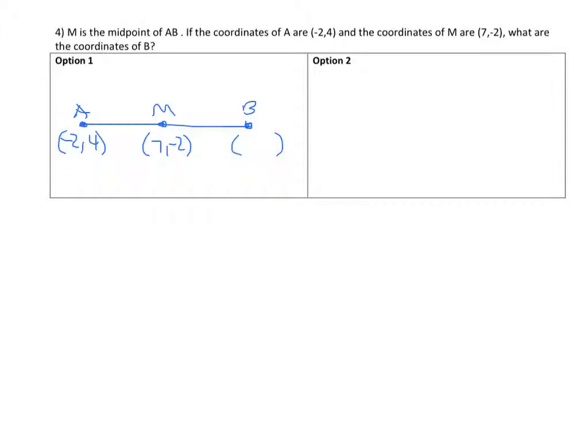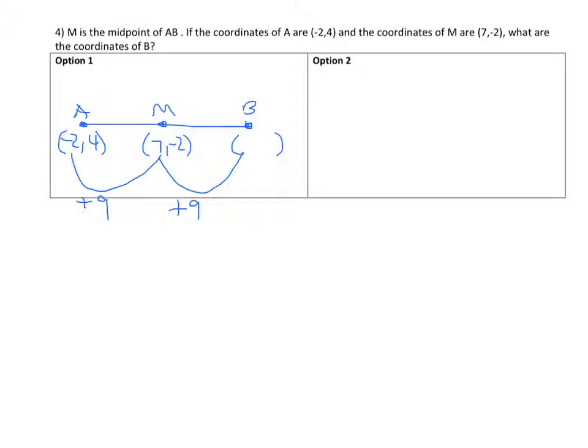If I look at my x's, they go from -2 to 7. That went up 9. And from M to B, it's also going to go up 9 for the x values.